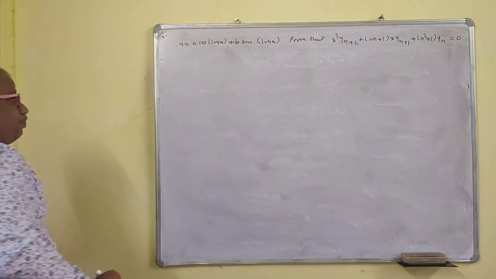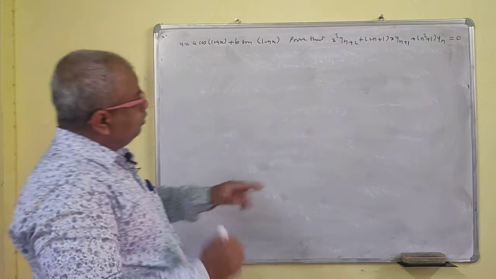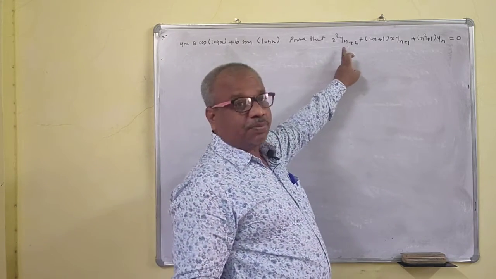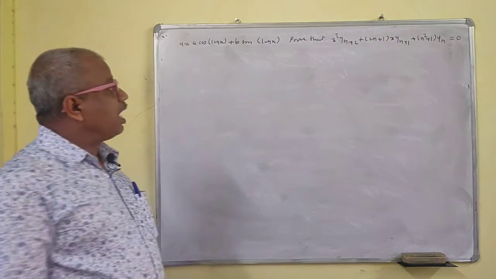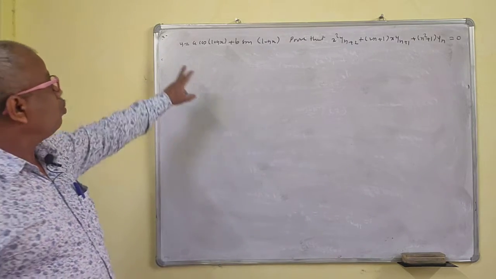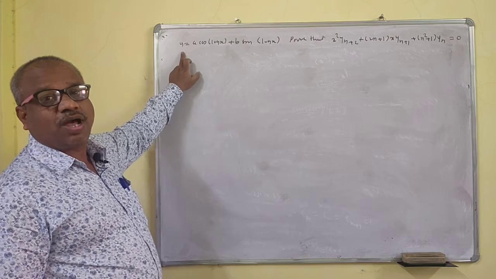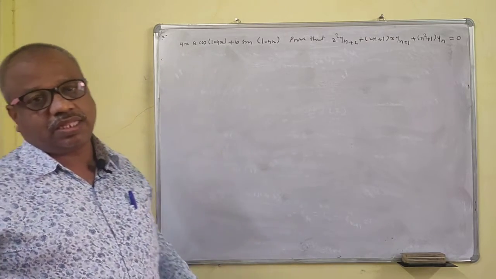This we have to prove. So this is what? n plus 2. That means we have to take the n plus 2 derivative of y. So before that, to take the n plus 2, what we will do? We will find the second derivative of y and then we will jump for the nth derivative of y.